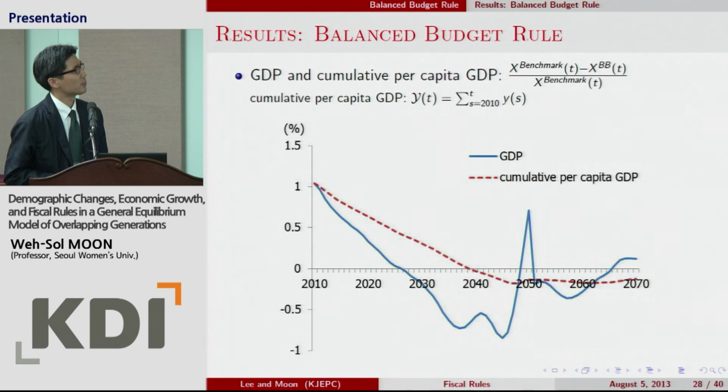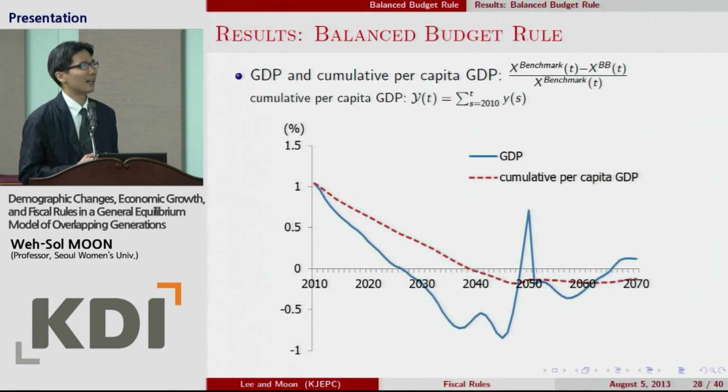The blue line is GDP, the red line is cumulative per capita GDP. We just accumulate the per capita GDP. We didn't apply any discounting factor, we just add up per capita GDP in each year. So where this is positive, it means the benchmark rule is better in terms of cumulative per capita GDP or GDP.